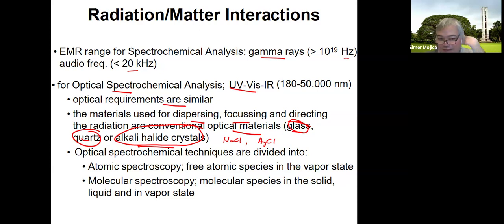If you look at these optical spectrochemical techniques, you can divide them into two. One is at the atomic level, which has free atomic species in the vapor state, and the other is molecular spectroscopy, wherein you have molecular species in the solid, liquid, and gas state. So what do you think is the main difference between the two?